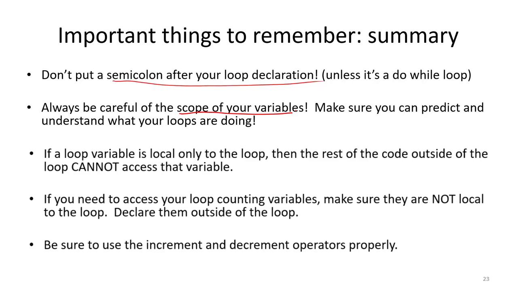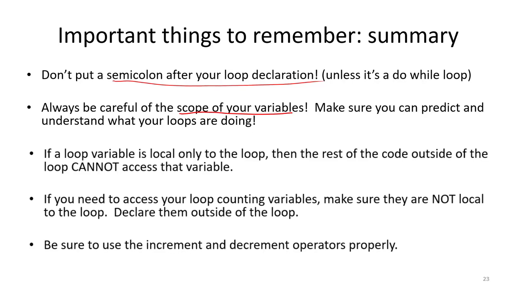Also remember, if your loop counting variable is local only to the loop, the rest of the code outside the loop cannot access that counting variable. So be careful there. Make sure that you properly keep track of where your variables exist.